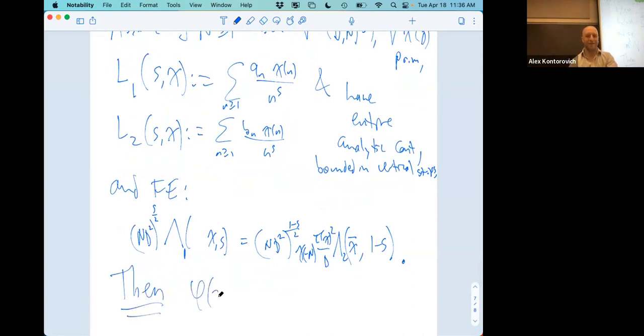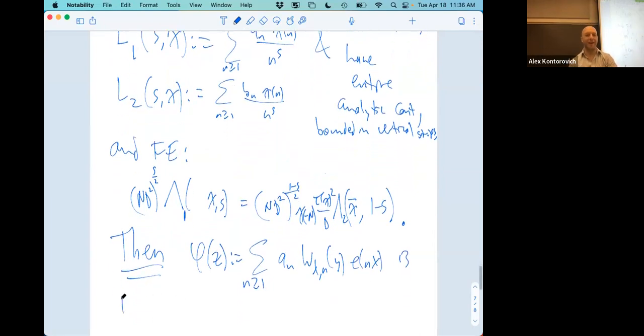Then phi of z, defined to be the sum of a_n times the Whittaker function of lambda at y, times e of nx, is gamma naught n invariant, i.e. a Maass form, because it's already an eigenfunction of the Laplacian with eigenvalue lambda, but now it's actually a Maass form.